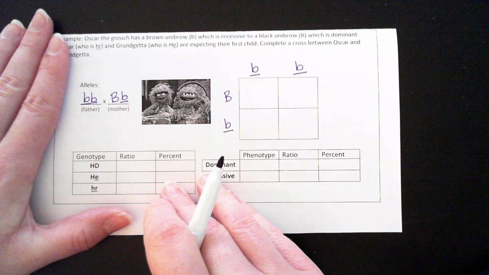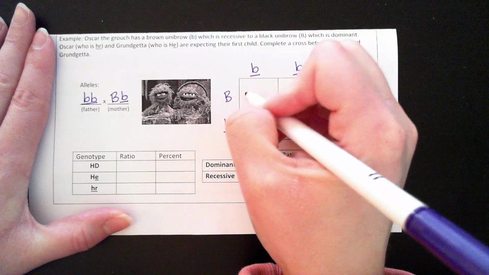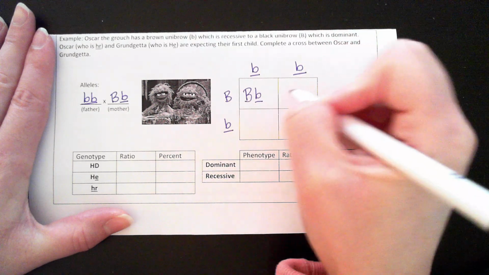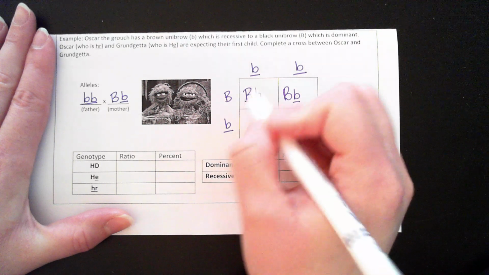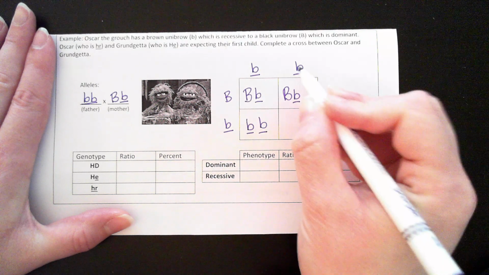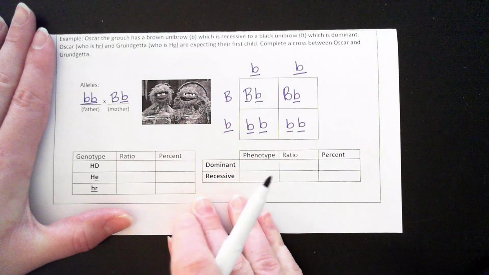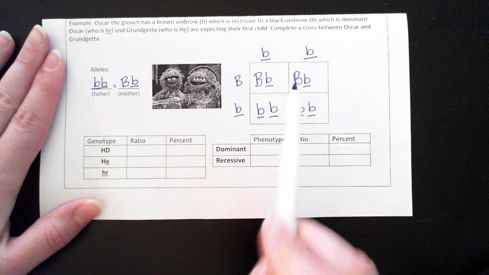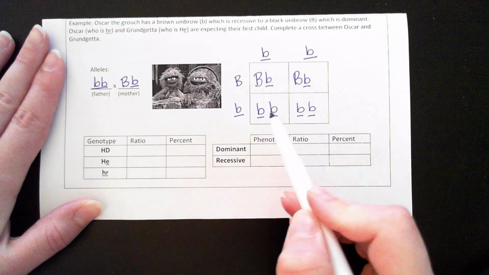And now I'm going to transfer my alleles into the Punnett square. So Grangetta gives a capital, Oscar gives a lowercase. Grangetta gives a capital, Oscar gives a lowercase. Now they are both giving lower cases, and both lower cases again. If we look at our 4 options, none of our boxes have capital capital.